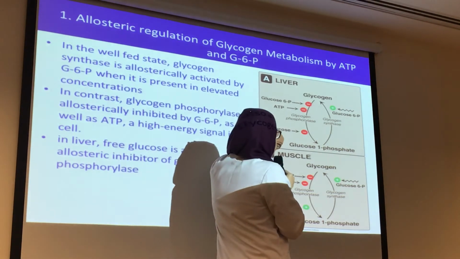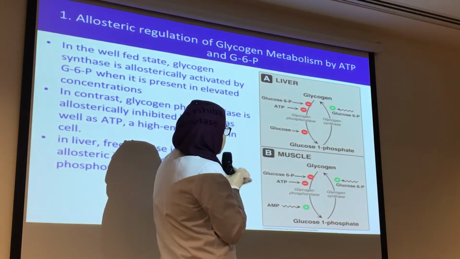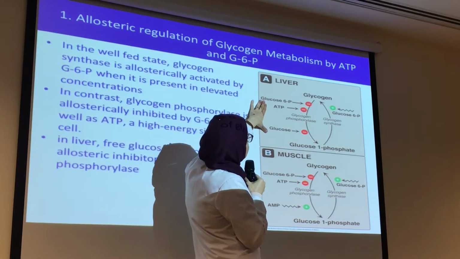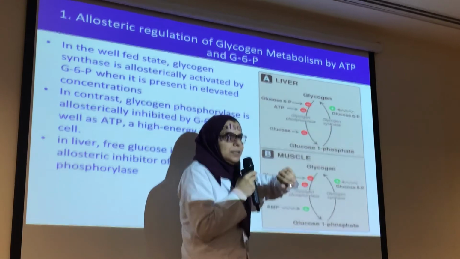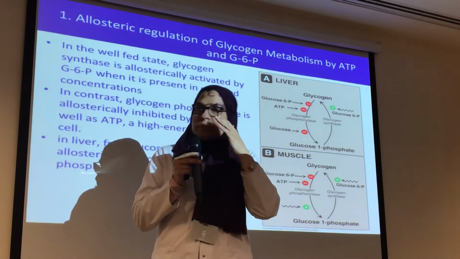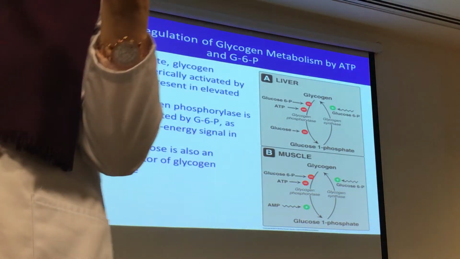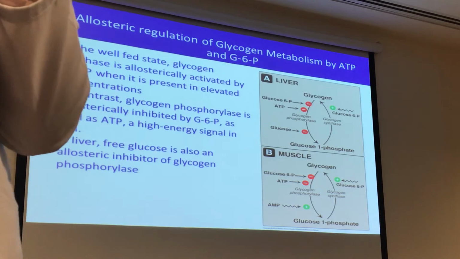In the liver also, free glucose can inhibit the phosphorylase. And why do we have this difference between the liver and the muscle regarding the glucose here? Because it cannot be degraded in the muscle. We said that the muscle lacks the phosphatase, and the muscle wants to trap the glucose.